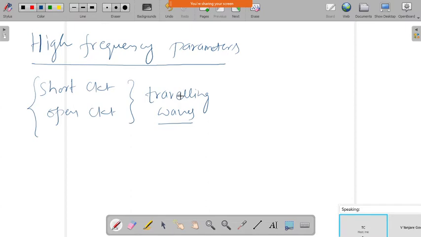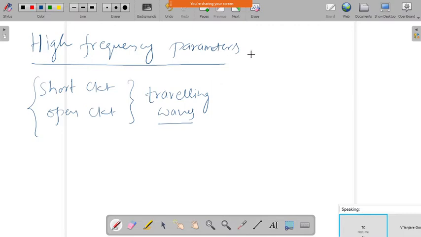For our discussion, we restrict ourselves to the two-port network. Whatever traveling waves and high frequency parameters we define, we define only for the two-port network.